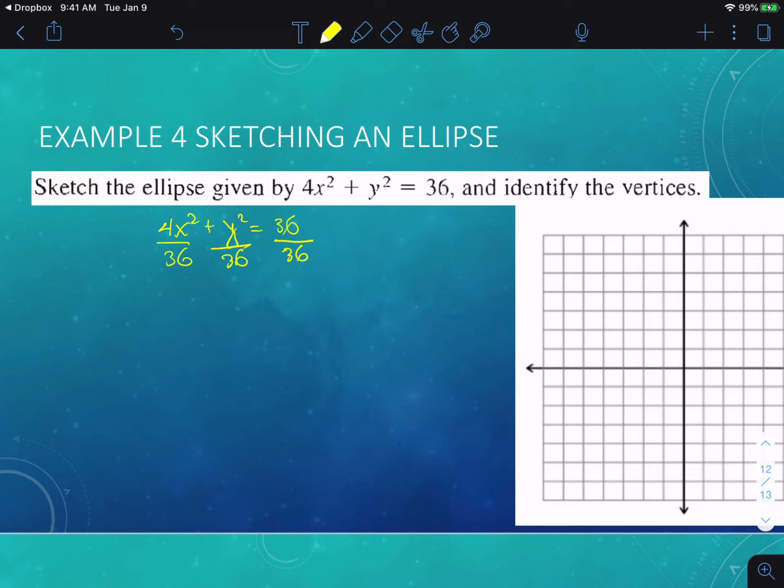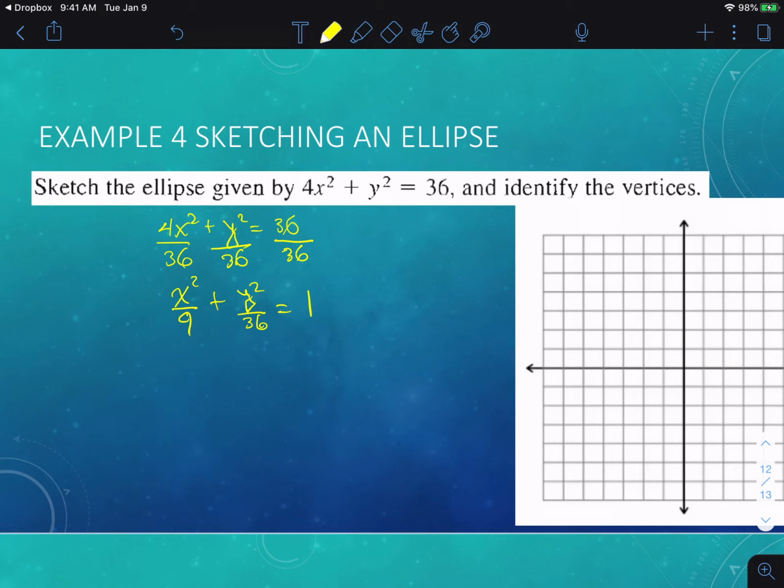And watch what we get. 4 and 36 have a common factor, so we're just going to take that out, and that becomes x squared over 9 plus y squared over 36, and that's equal to 1 now.